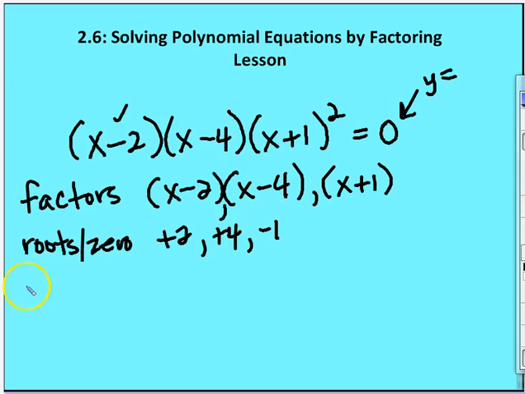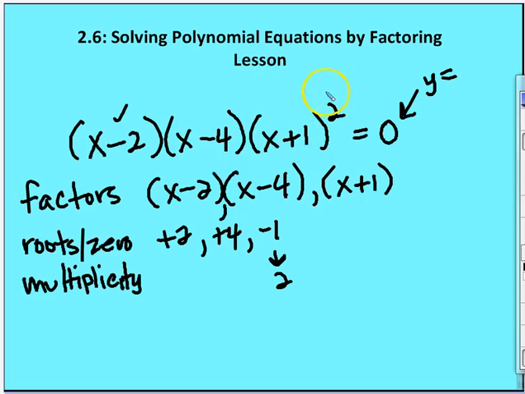Multiplicity is the number of times that a given root is repeated, and when a root is repeated more than once, we want to state that multiplicity. If it's just repeated once, typically we're not going to state its multiplicity. I have a multiplicity here of 2. I have 2 roots at negative 1.